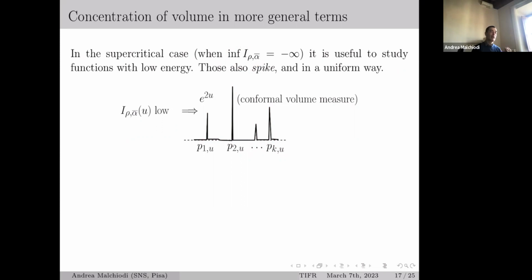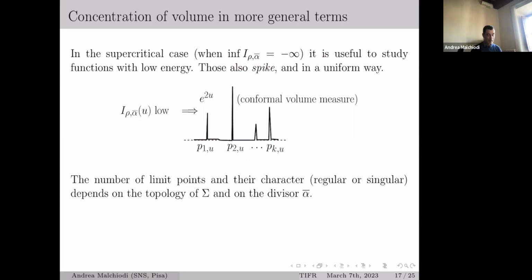Would they be regular points or conical points? Okay, so all of this depends on the topology of the surface and on the structure of the divisor, so of the conical points and conical angles. Okay, somehow this energy behaves a bit like an engine.